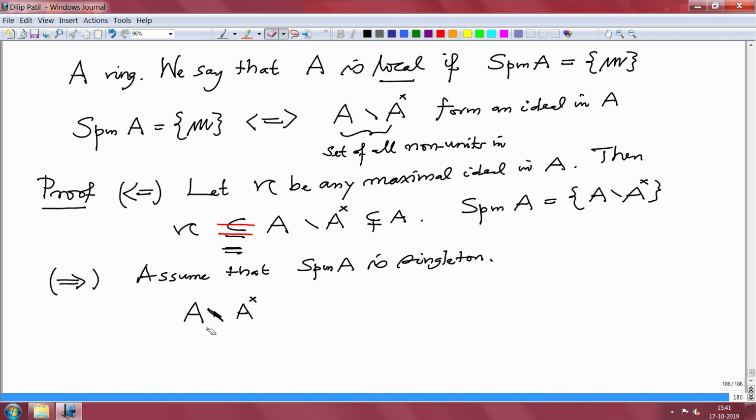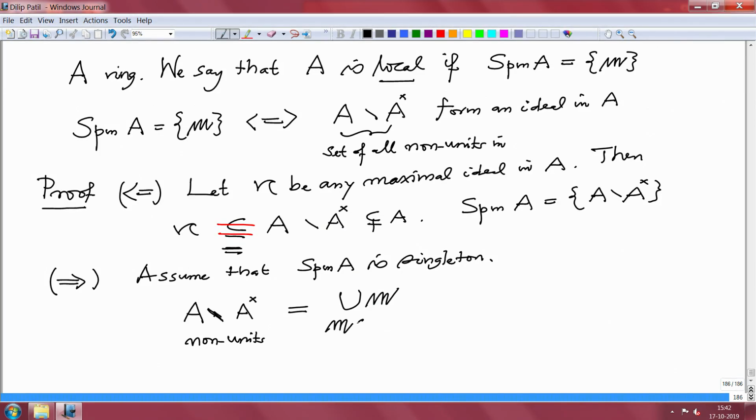Look at this set. I want to check that it is an ideal in A. These are all non-units. So, we know that every non-unit is contained in a maximal ideal. This was a corollary to Krull's theorem. Therefore, each one of these elements is contained in some maximal ideal and each maximal ideal is also contained here. So, this complement is the union taken over any M in SPM A. But we are assuming SPM A is singleton.